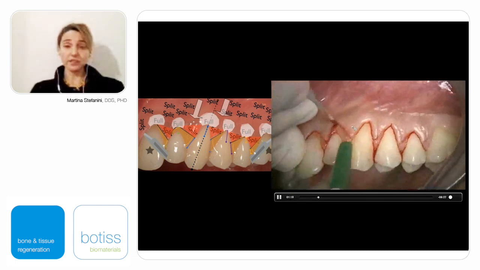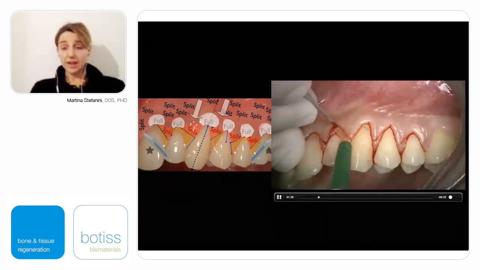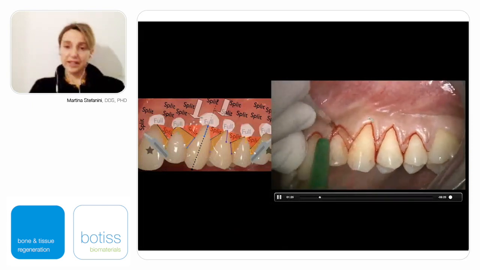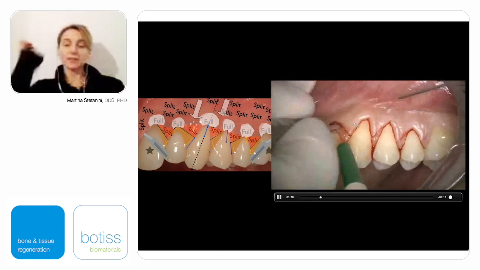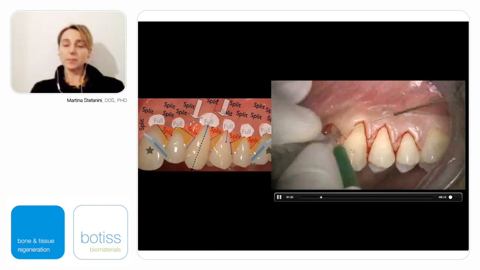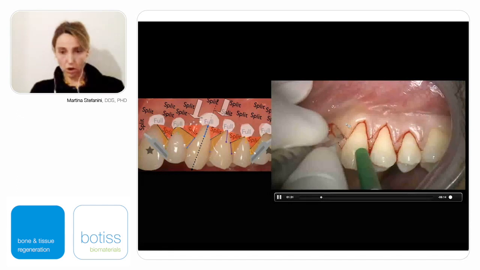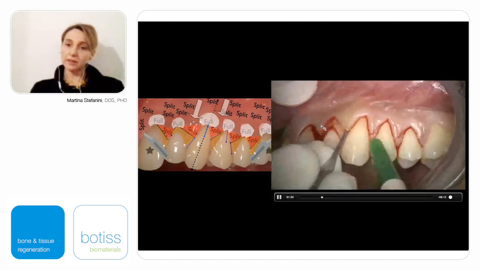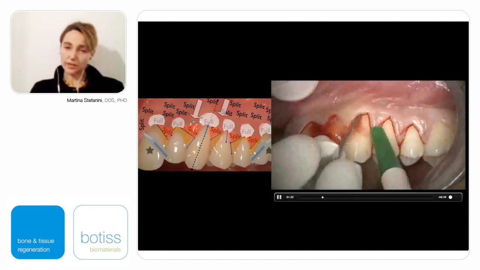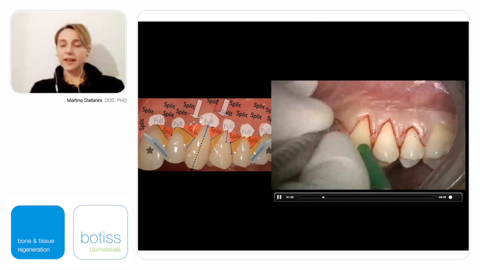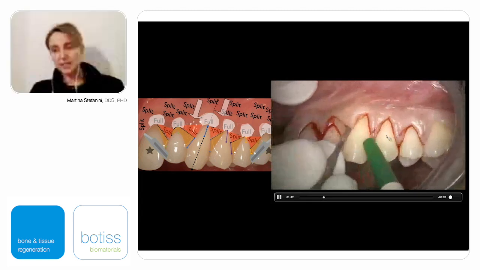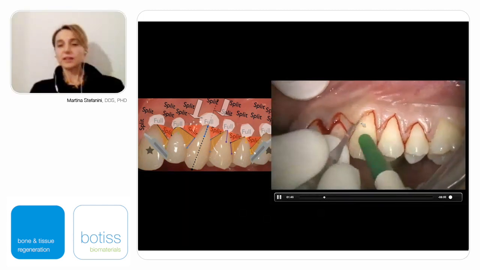And at the end of the surgery, you will see that in this case, since the flap is an envelope flap type, the papilla will not move only coronal but will rotate distal, mesial to the canine and toward the distal area, distal to the canine.